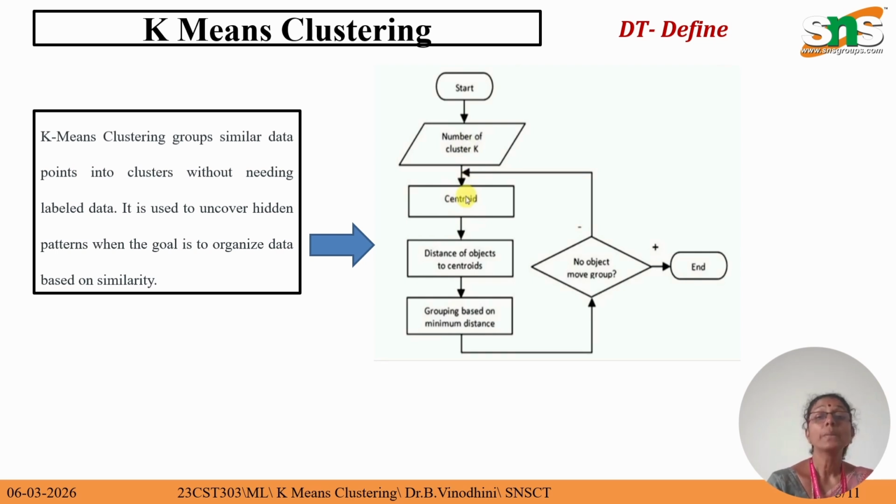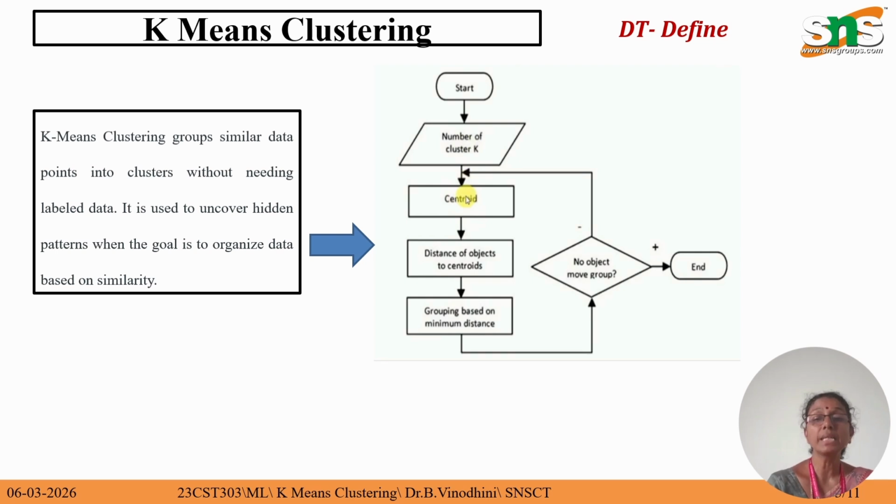What are the processing steps in k-means clustering? We have to assign the number of clusters and the initial centroids. Based upon that, the distance of each object to the centroid is calculated, and objects are grouped based on the minimum distance. Finally, we check whether any object moves to a different group. If not, we finish the task.